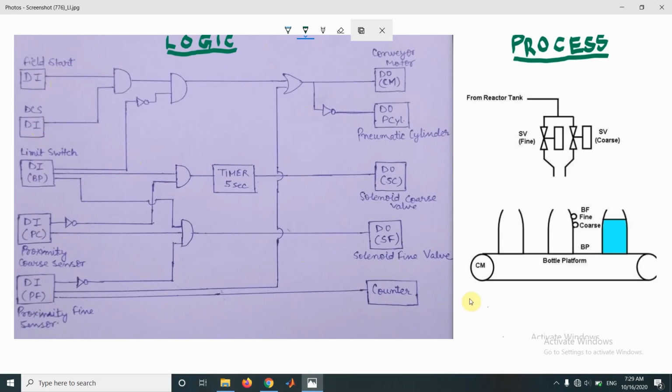And at the start of the process, each bottle is kept manually on the conveyor belt. Now before we see the process in detail, there are a few sensors and other things that I want to discuss, and we will see how the process happens after that.